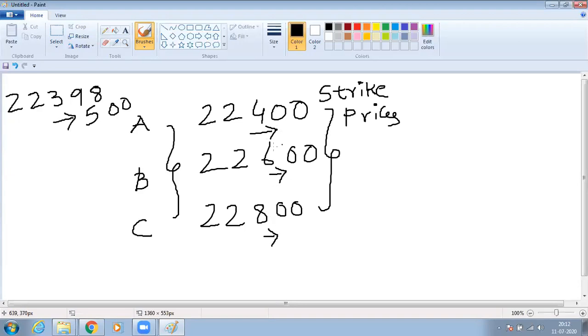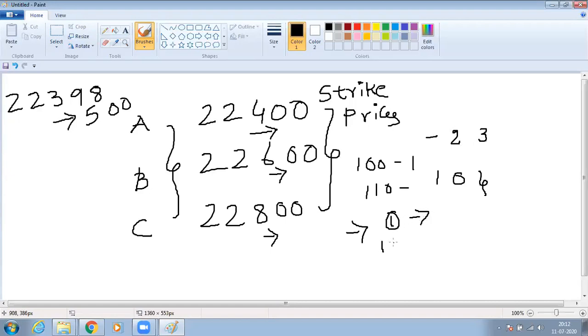Next, in normal stocks, suppose SBI is 100, you will buy say one stock, and if it increases to 110, you will get a 10 rupees profit, right? But in Bank Nifty options, you can't buy one stock, two stocks, three.